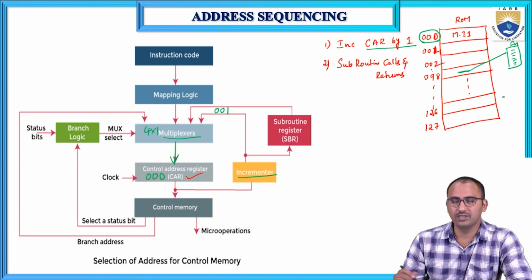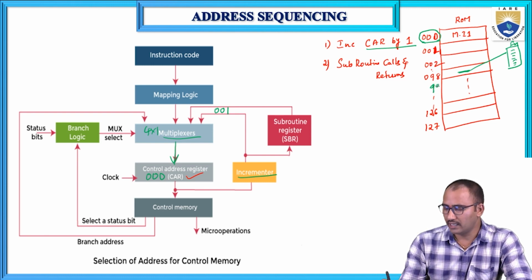All those instructions get executed, and when all the statements in the function are executed, the program control returns to the next address of the main program. That is 99, the address of the next micro instruction.